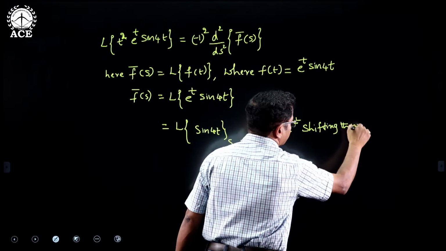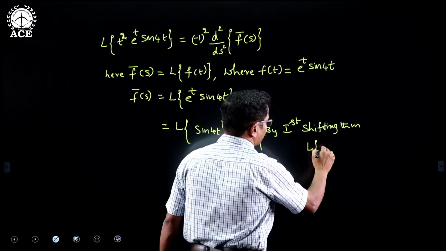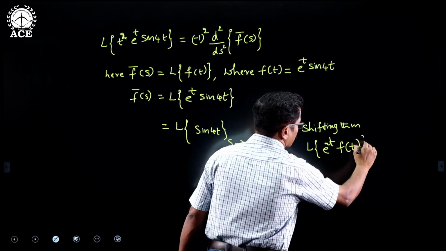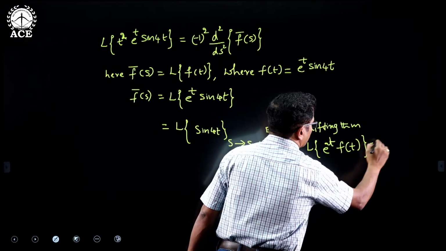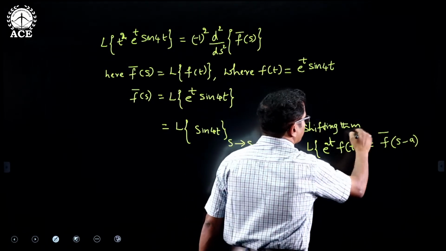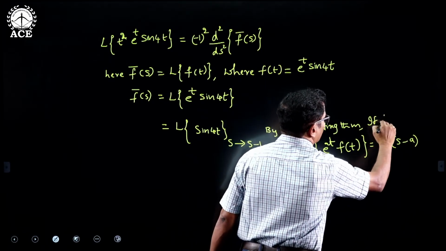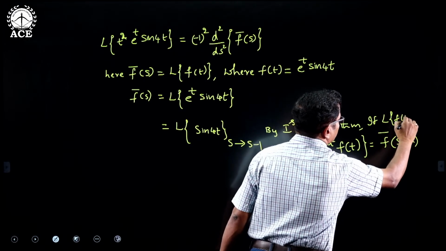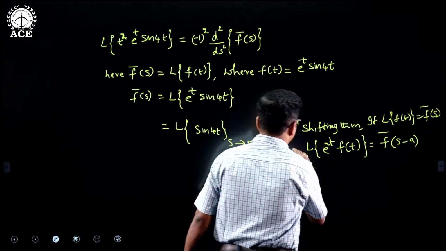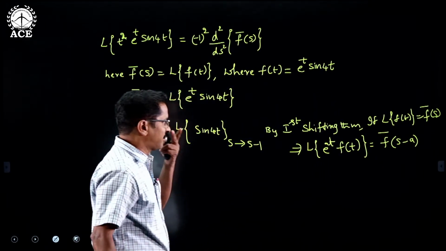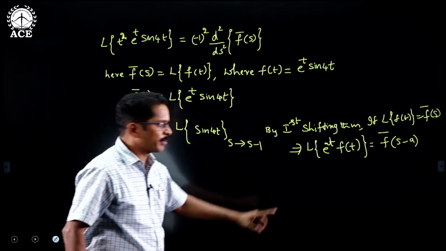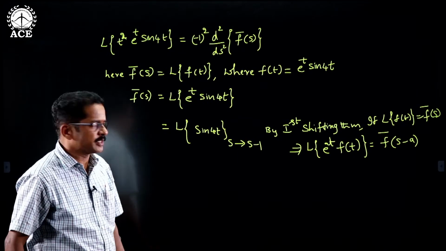What does first shifting theorem say? If L of f of t equals to f bar of s, then L of e power a t f of t equals to f bar of s minus a. So if it is e power minus a t, then it becomes f bar of s plus a.